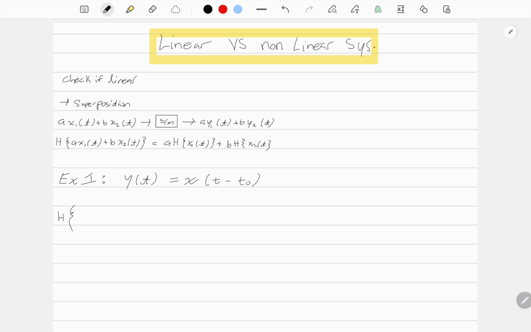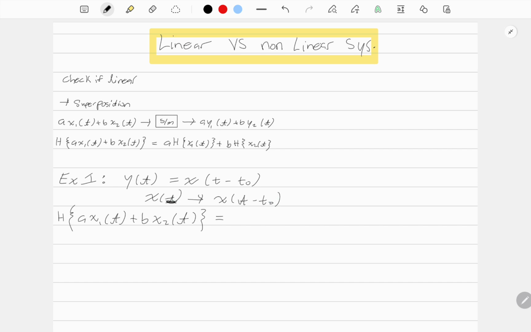H of squiggly bracket a of x1 t plus b of x2 t is equal to, so these squiggly brackets essentially mean that you apply the system to this, and we can see that what the system is doing is changing x of t to x of t minus t naught.